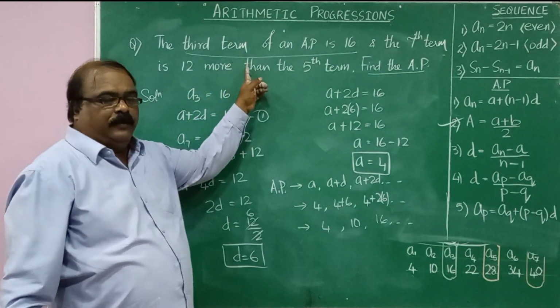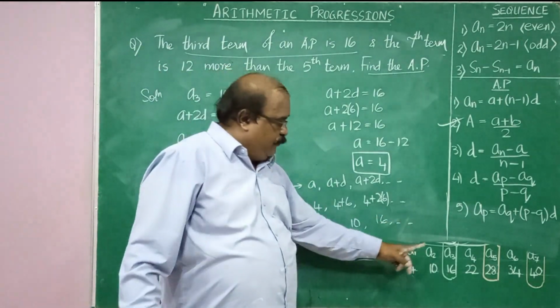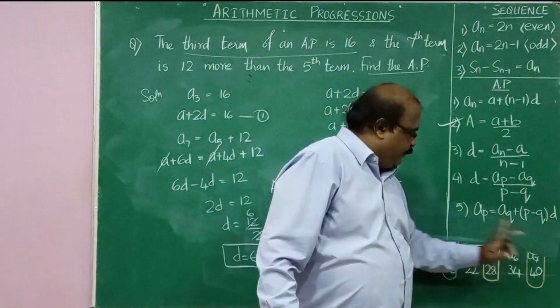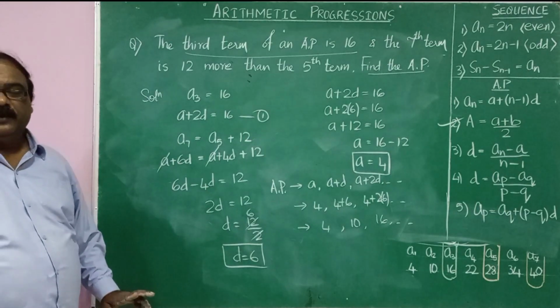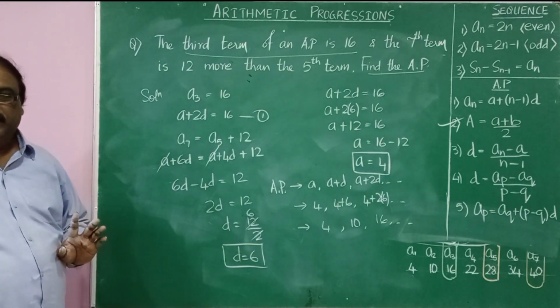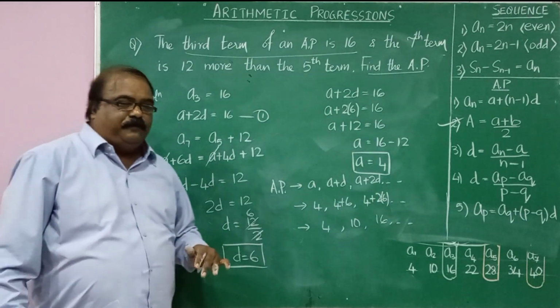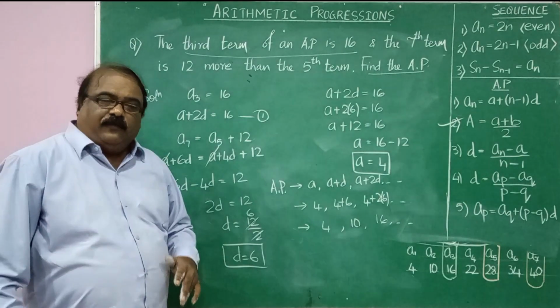I framed my own question by taking an arithmetic progression. I gave you saying the third term is 16 and I also told you that the seventh term was 12 more than the fifth term. Find the arithmetic progression.